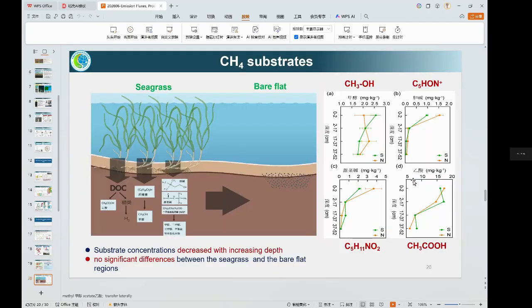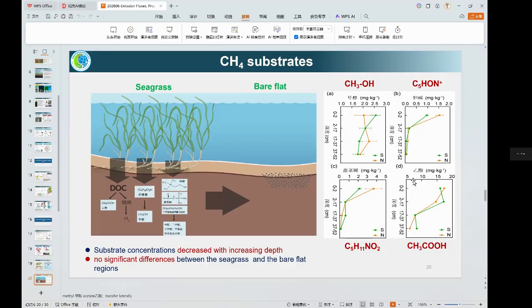We also checked the methane substrates. These substrates are derived from seagrass DOC, filtered and metabolized. They can alternatively transfer from the seagrass regions to the bare flat region.